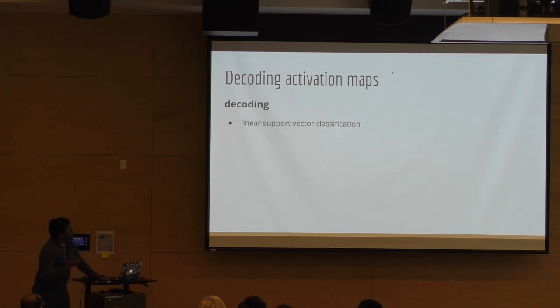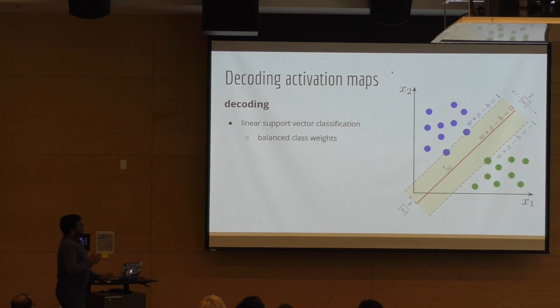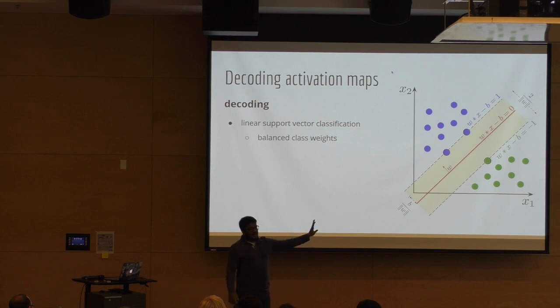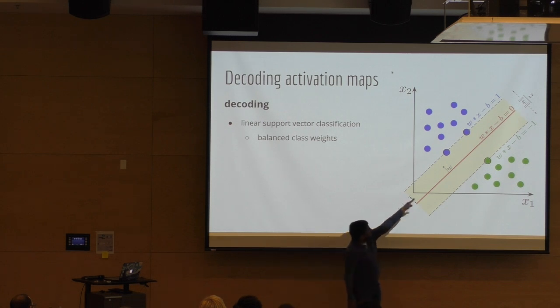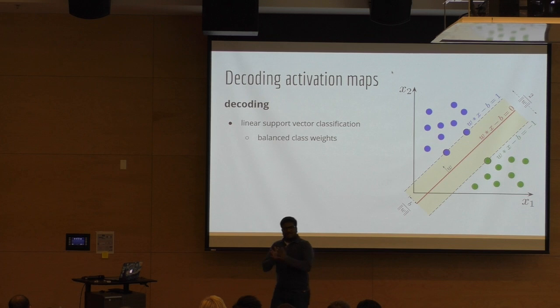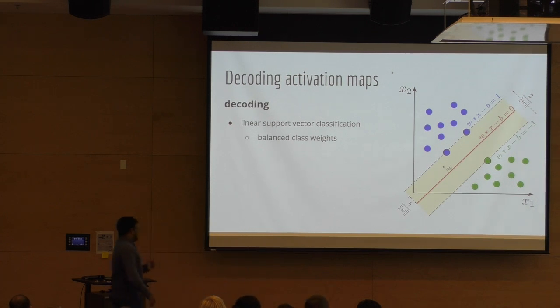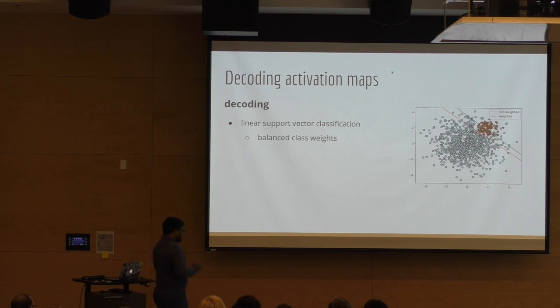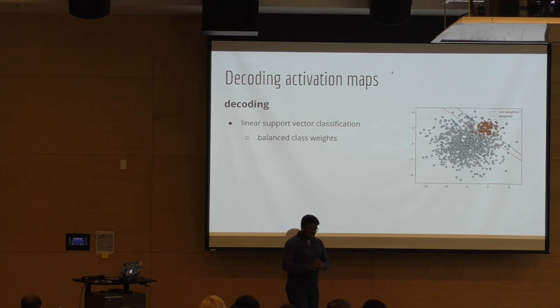Yeah. So we used a linear support vector classification algorithm. Roughly what it does is, let's say you have 2 dimensions, x1 and x2, and blue and green represent 2 different classes. What a support vector machine does is identify a separating boundary that maximally separates these 2 groups. Now, there is an issue with this. If your classes are unbalanced, as in if there are unequal numbers of samples in your 2 classes, support vector machines, or any linear classifier, do not perform well.